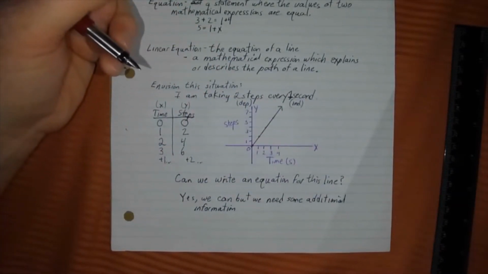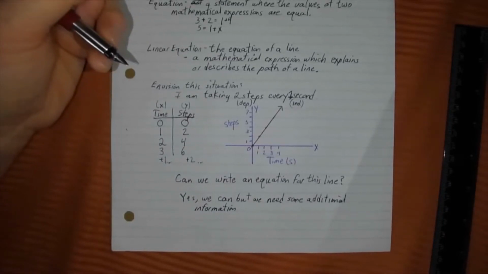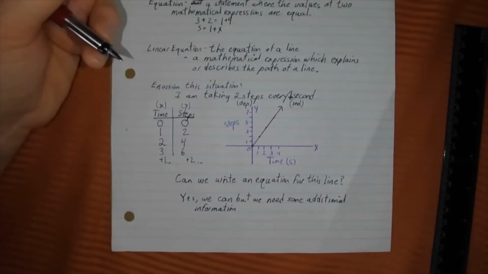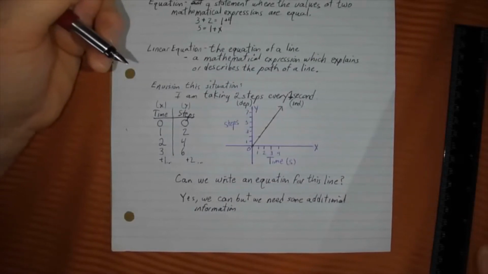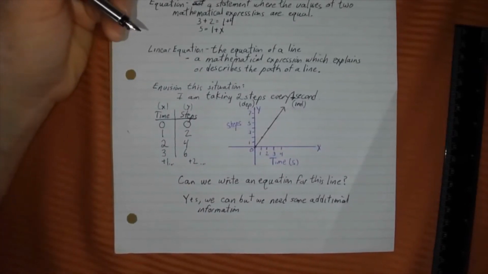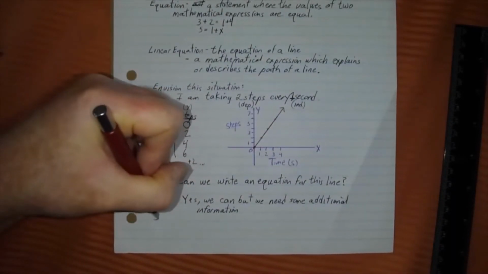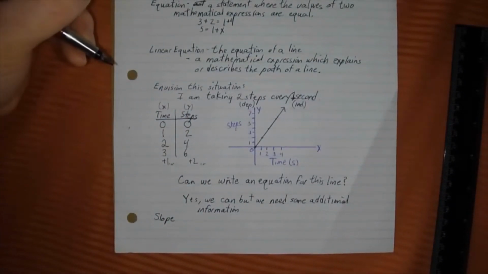The one thing we really need is the slope. Now, slope is a very important concept that you're going to use a lot moving forward in math, especially dealing with lines and science. So what is slope? Well, slope is the rate of change of the line.